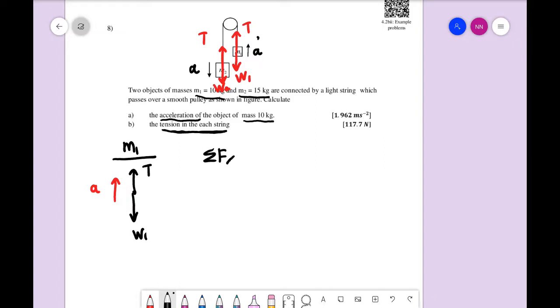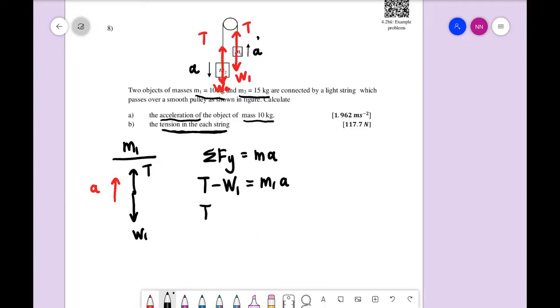It is accelerating at Y component, so net force Y equals to ma. T is the same direction as A. Look at the arrow: arrow of A is upward and arrow of T is upward, so T is positive for M1. So T minus weight 1, opposite direction of A so it is negative, equals M1A.